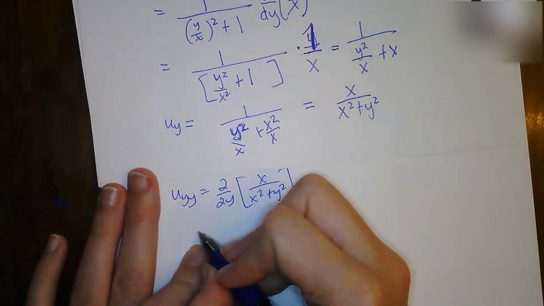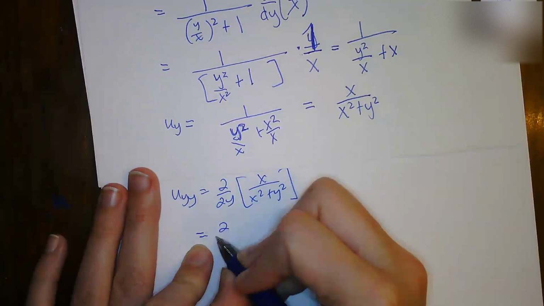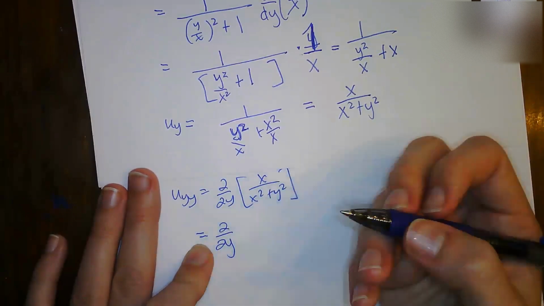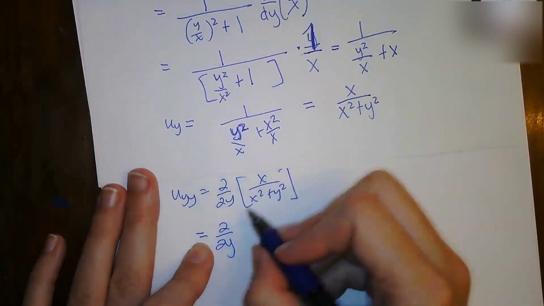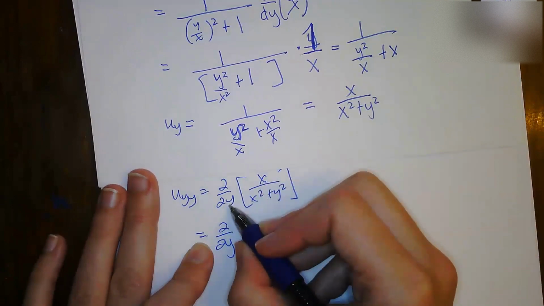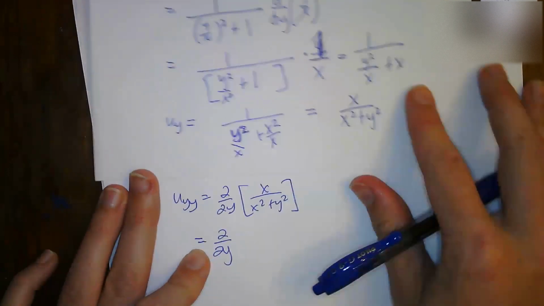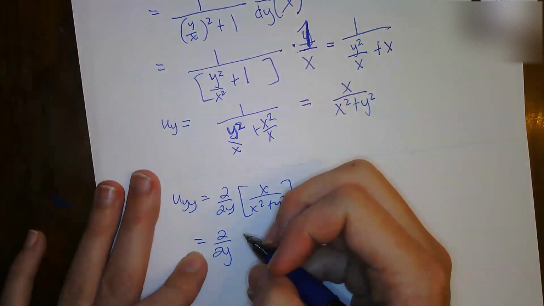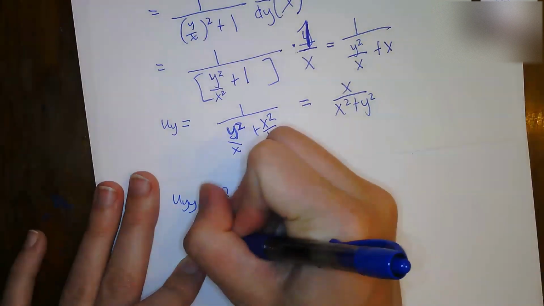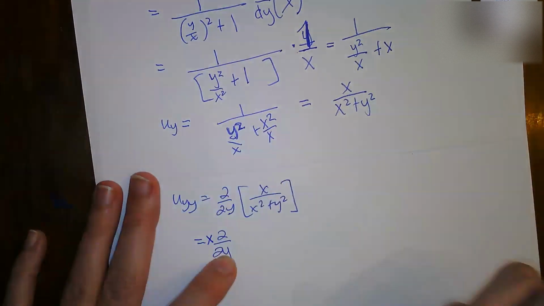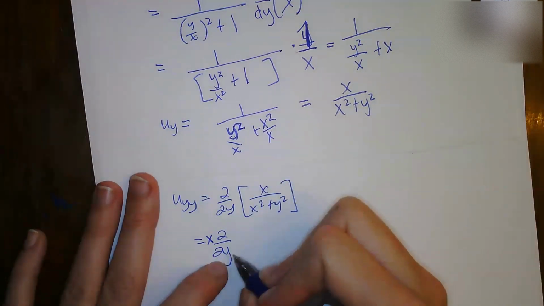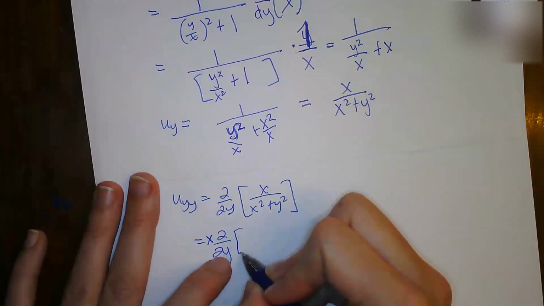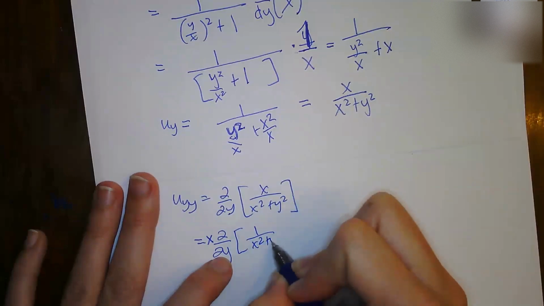We can easily do that again and rewrite that in terms of product rule notation, but we don't really need to because this just acts as a constant with respect to y. So we can actually just pull x out of the partial derivative because it's really a constant with regard to y, and we end up with 1 over x squared plus y squared.